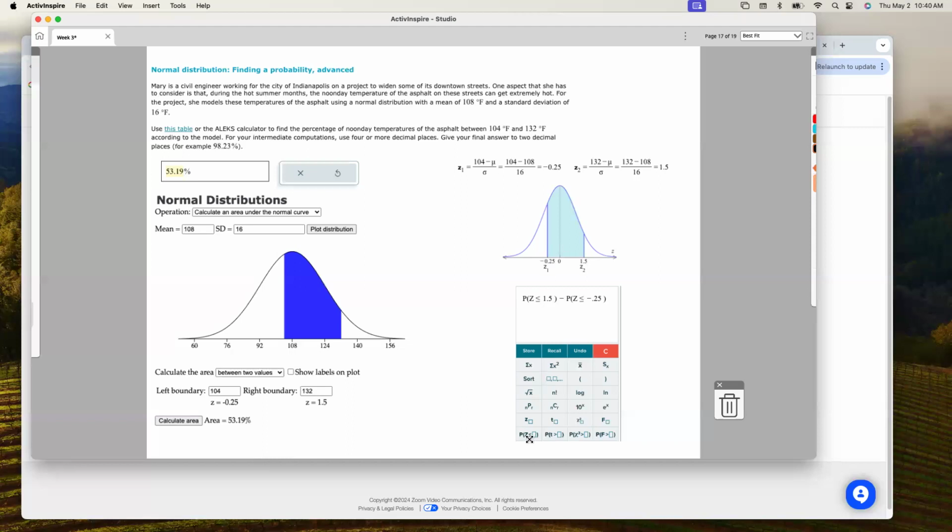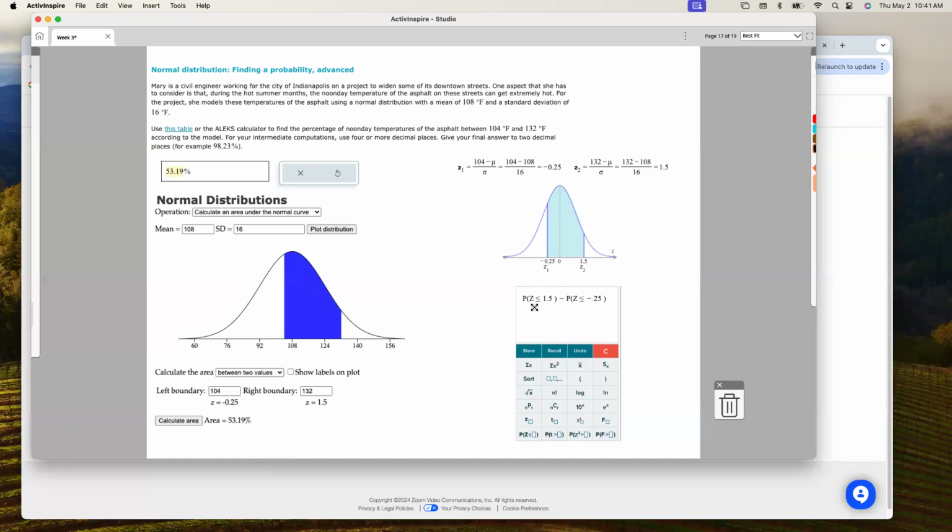And so how we do this is we're going to take the area to the left of 1.5, which is from here over to here. Then we subtract the area to the left of negative 2.25, which is from here to here. So it's like, well, I want this green area. So I'm going to take all this area and take away this little white chunk of area, and that's going to leave behind the blue area. And that's what I'm doing here on the calculator.